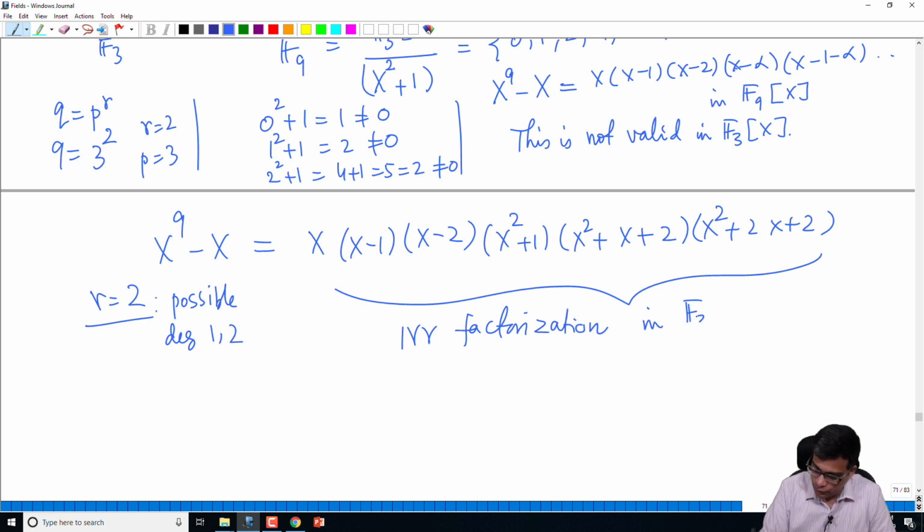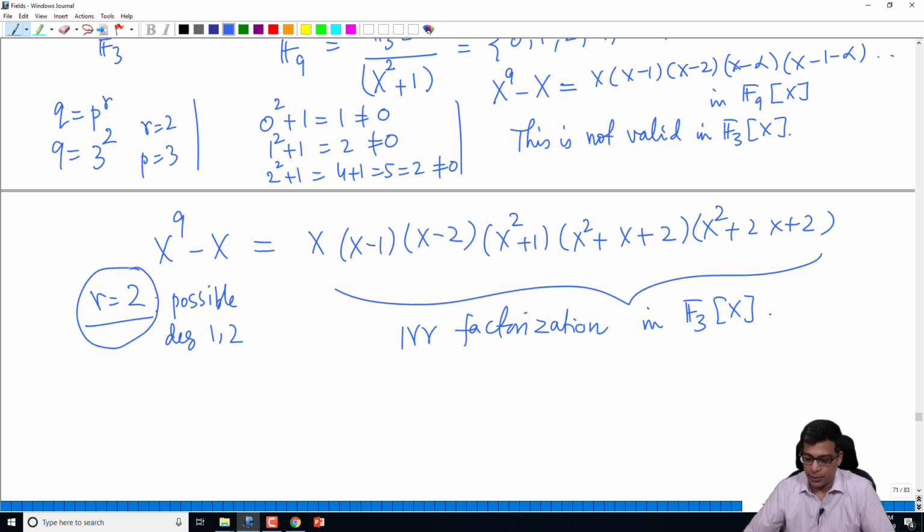The only possible irreducible factors of x power 9 minus x have degree 1 or 2. We know that because, by the structure theorem, the factors of x power 9 minus x have degrees which divide 2 in this situation.